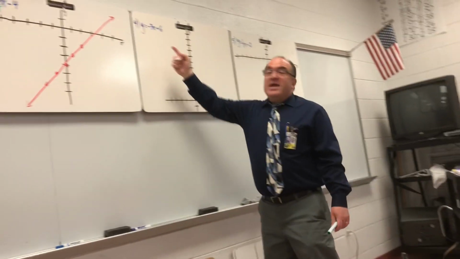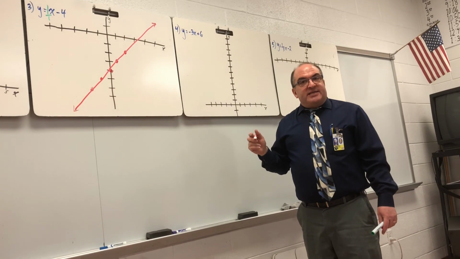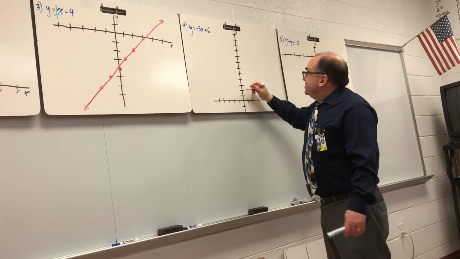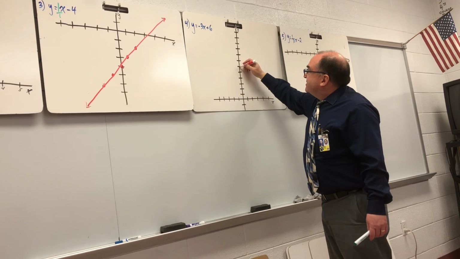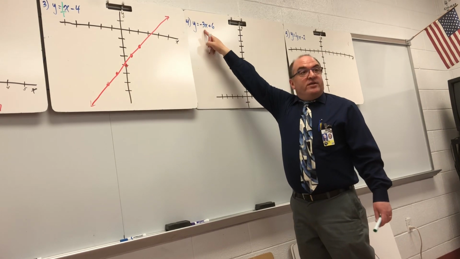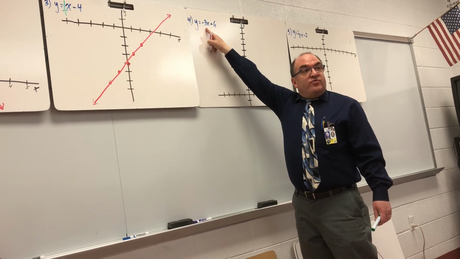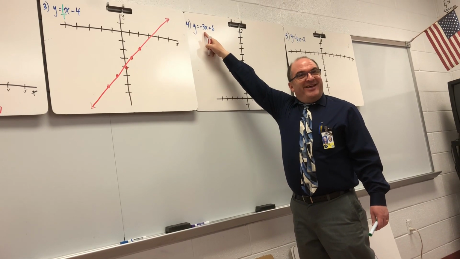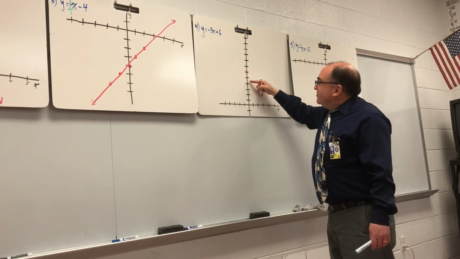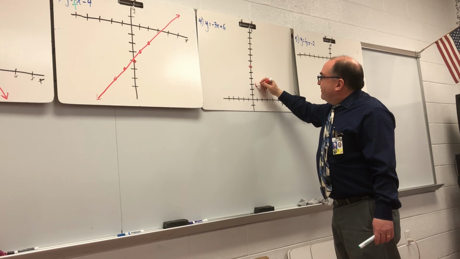Over here, y equals -3x plus 6. I'm going to start at 6. 1, 2, 3, 4, 5, 6. Put a big fat dot. Then I'm going to go down 3 over 1. From here, down 1, 2, 3, over 1. Big fat dot.